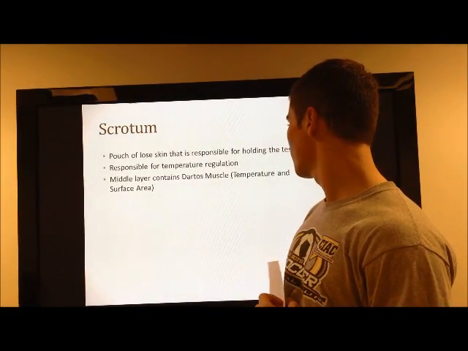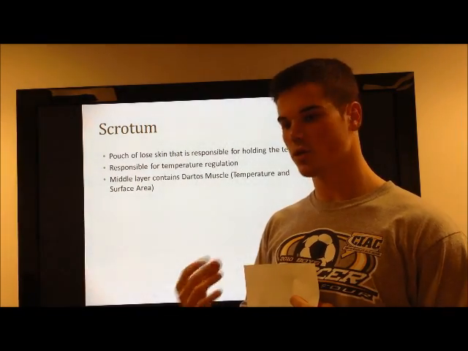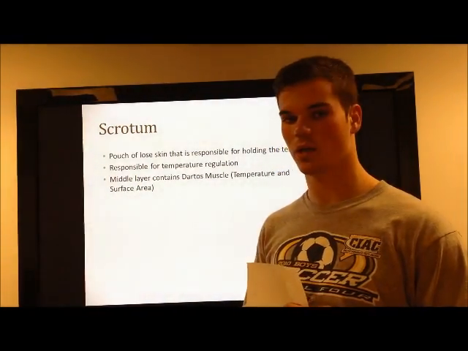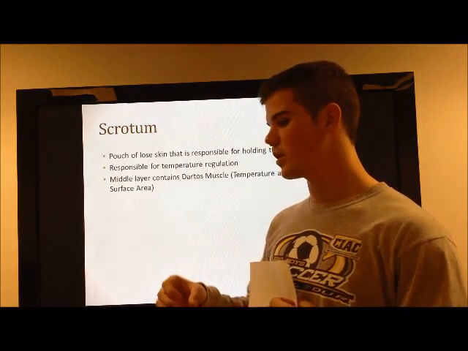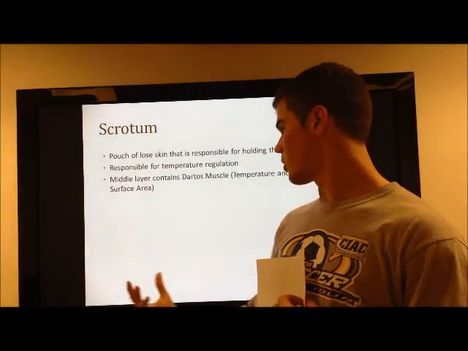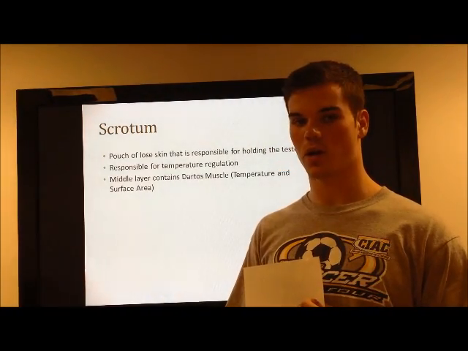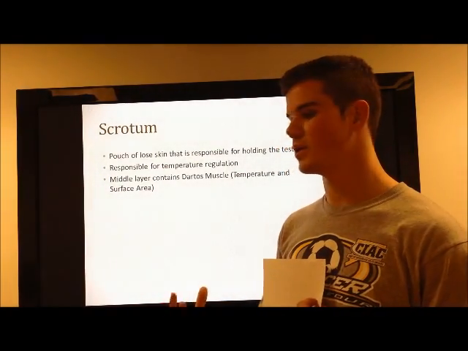So the way it works is, if it is cold outside, the muscle contracts, bringing the testicles upwards closer to the body to keep them warmer, as well as spreading out the skin, which creates more surface area for the heat. And when it is warm out, the muscle relaxes, which brings them away from the body to keep them cooler.